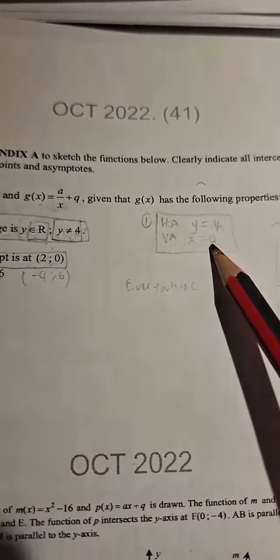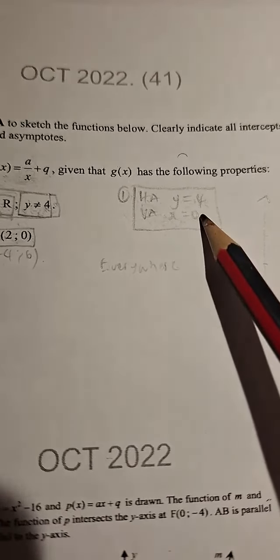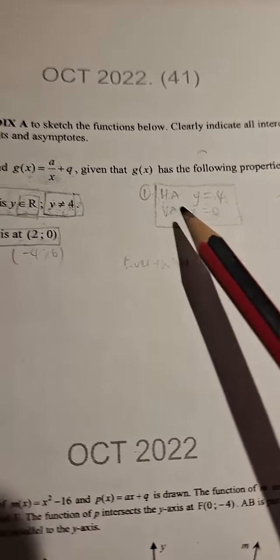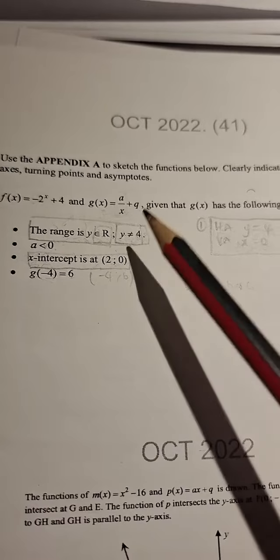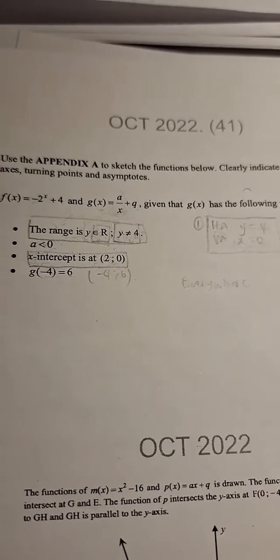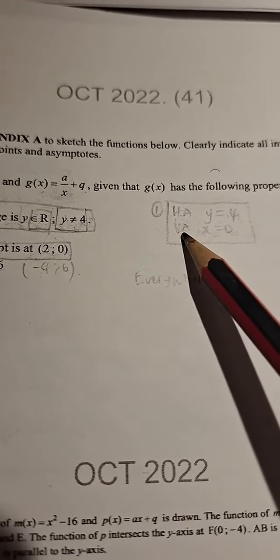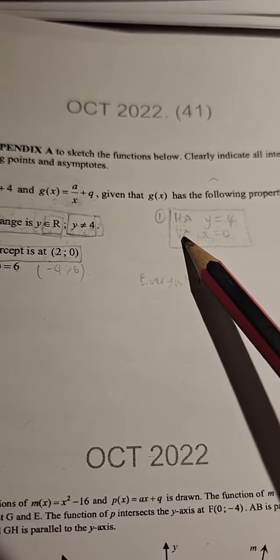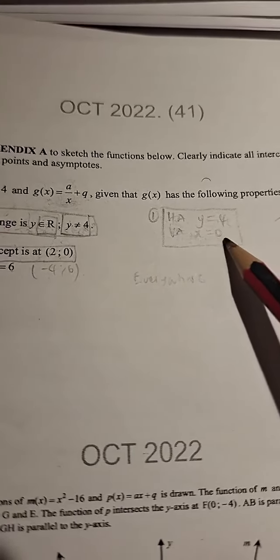We can't have the y-intercept because remember, the asymptote where the function does not exist is where x is equal to 0. We can't have a y-intercept for this hyperbola function. Grade 10 learners, a hyperbola can never have a y-intercept at all, because where we would say the y-intercept would be, that's where the function does not exist.